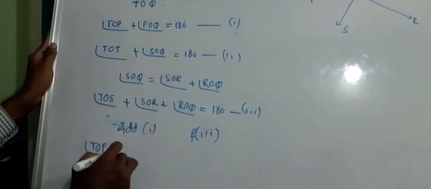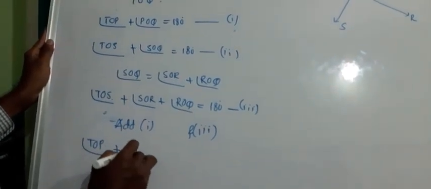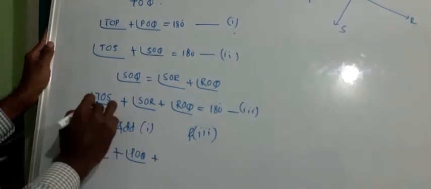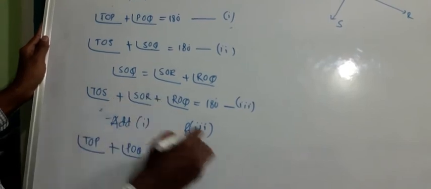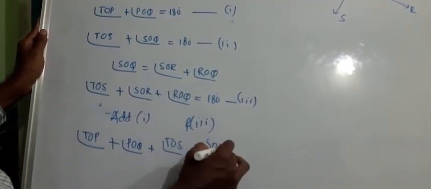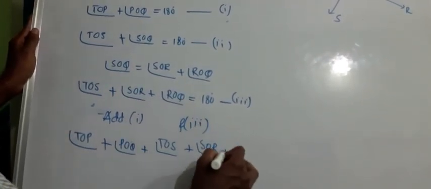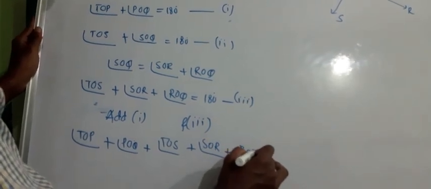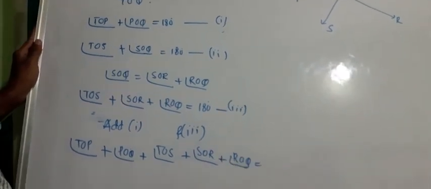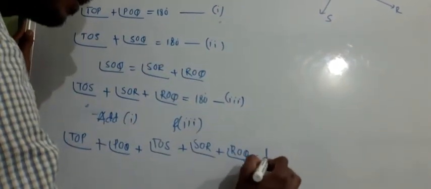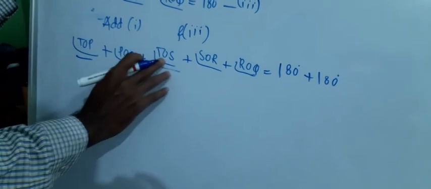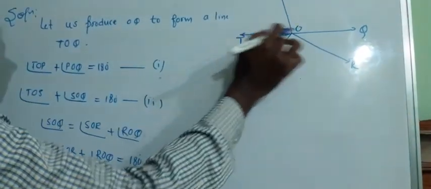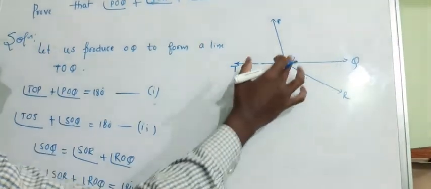Angle TOP plus angle POQ plus angle TOS plus angle SOR plus angle ROQ is equal to 180 plus 180. Angle TOP plus angle TOS, instead of this, what can we write?